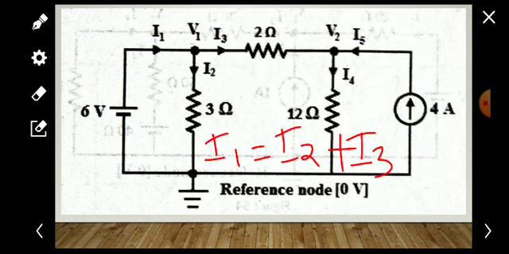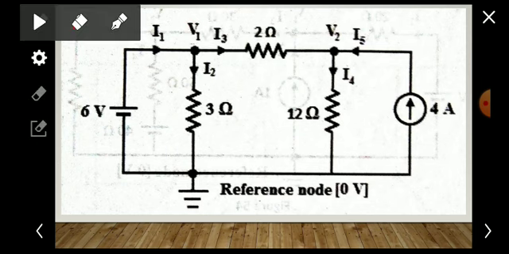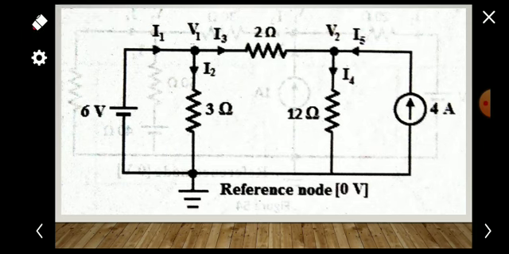But the main point here is we have to clearly observe that we are going to find this V1, the node voltage V1, which means the voltage of this point with respect to our ground. Here you can see the 6 volt source given. Actually this 6 volt is applied across this 3 ohm resistor, so this 6 volt itself gives the value of V1.